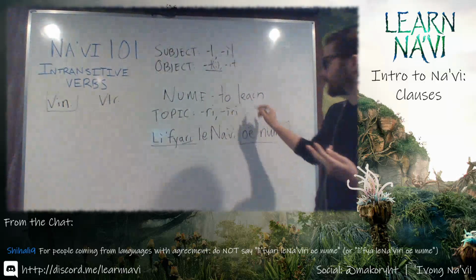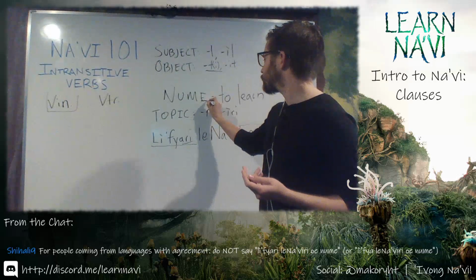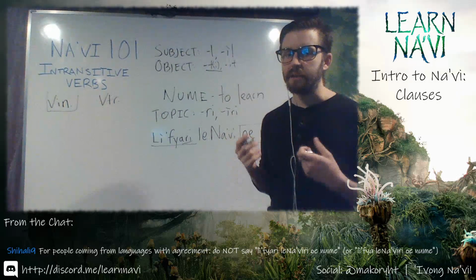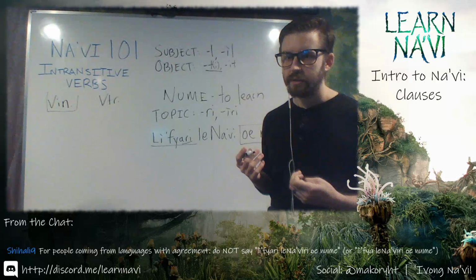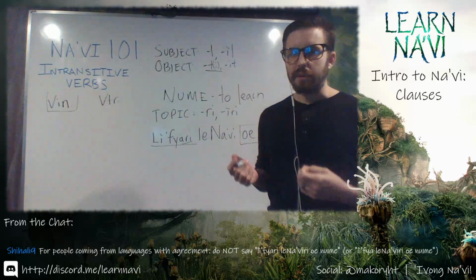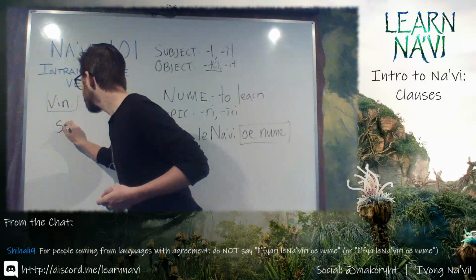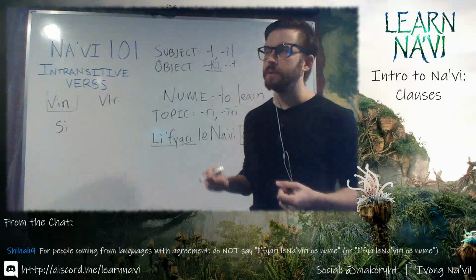There are ones like nume, which are standalone verbs, and the only way that you're going to know that they are intransitive is by looking at a dictionary. The other way that you can tell a verb is intransitive is if it is paired with the particle see.